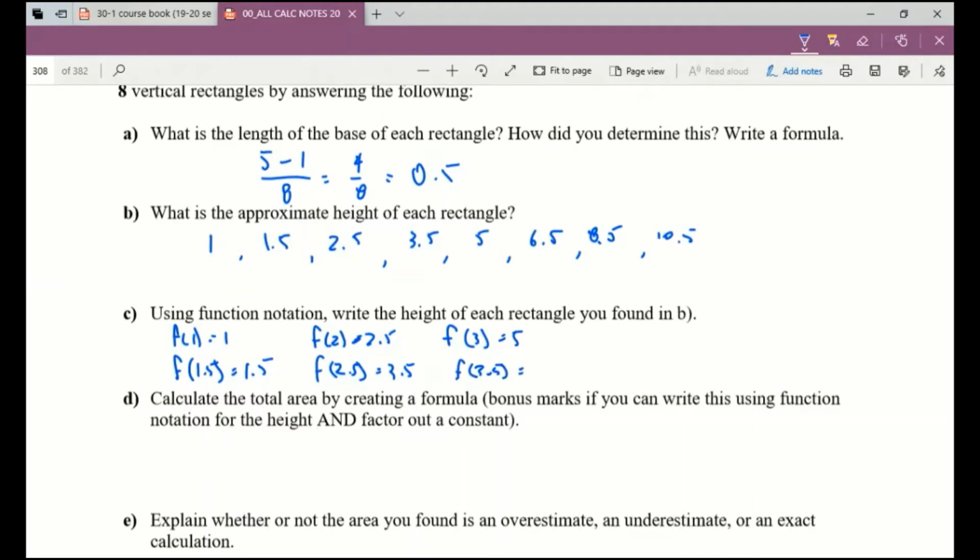So the x values are going up by a half. The y values seem to be increasing at a greater and greater rate, which makes sense because it looked like the line was getting steeper. F at 4 is 8.5. Last one, f at 4.5.